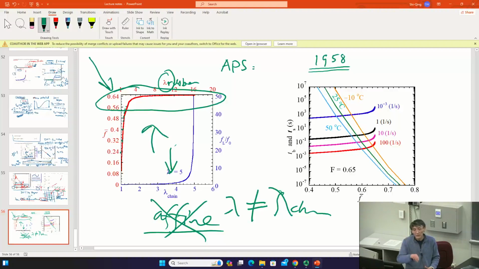But the two features I just showed you were explained for 70 years without involving the concept of chain breaking. Meaning, it was not recognized that chain breaking plays the dominant role or even is relevant. Can you accept that?